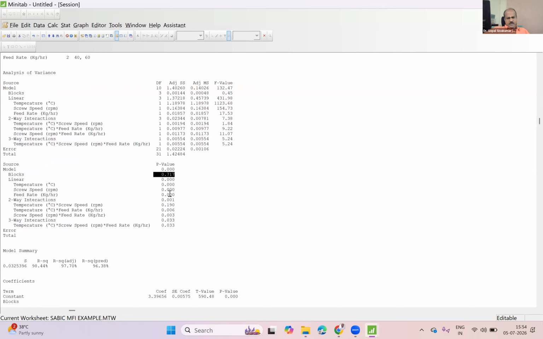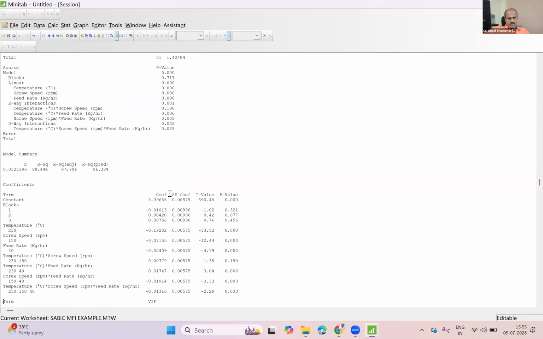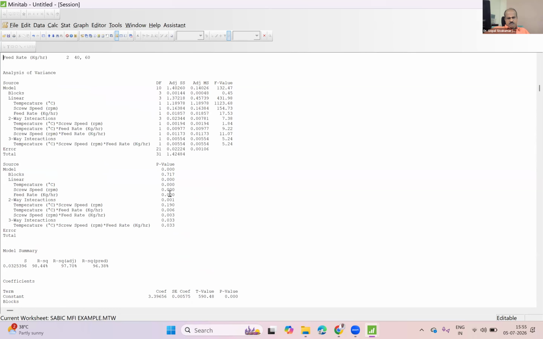And after the p value, if you look at this adjusted mean sum of square, based on this value you can understand the influence.